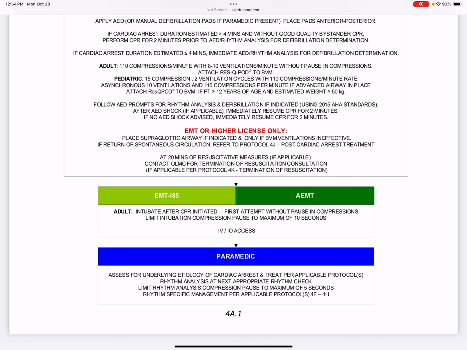So you may see that later on as well. Just remember it's a maximum of 10 seconds for your pause in compressions for intubation. And then it's 5 seconds down here at the bottom when it talks about limiting rhythm analysis compression pause.